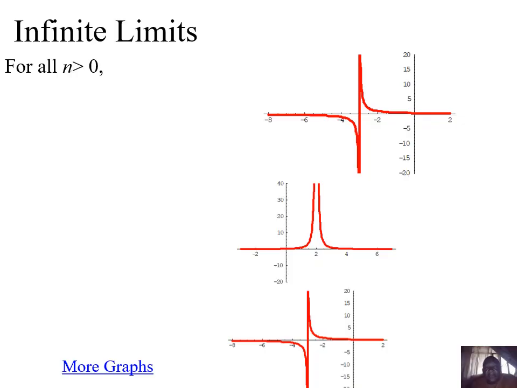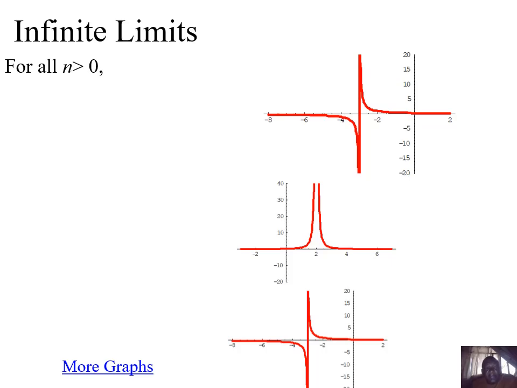So if you have n greater than 0, the limit of this function 1 all over (x minus a) to the power n, as your x tends to a positive, is infinity. You can always experiment with this.